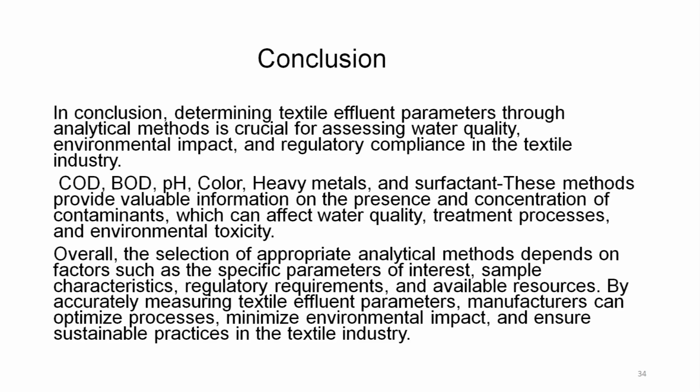By accurately measuring textile effluent parameters, manufacturers can optimize processes, minimize environmental impact and ensure sustainable practices in textile industry, which means that analysis plays a big role. This analysis, if we are not carefully doing it and if we do not have the correct values, can be very misleading and can create havoc and have an adverse effect on the environment.